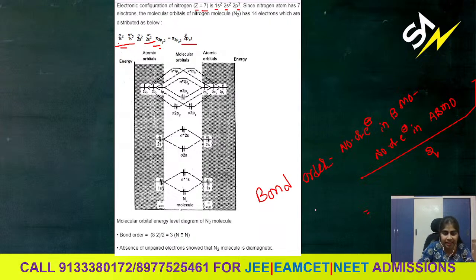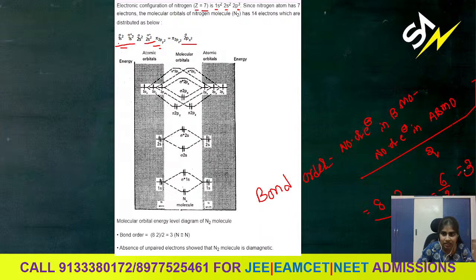This nitrogen has 8 electrons in bonding molecular orbitals. How many are there in anti-bonding? We have 2 electrons in anti-bonding molecular orbitals, divided by 2, that is 6 by 2.